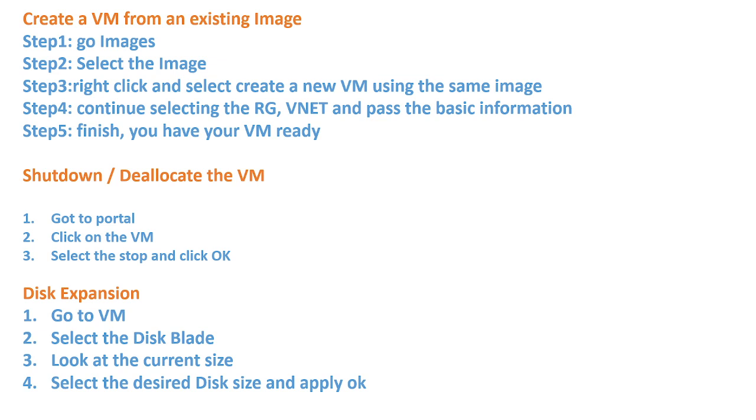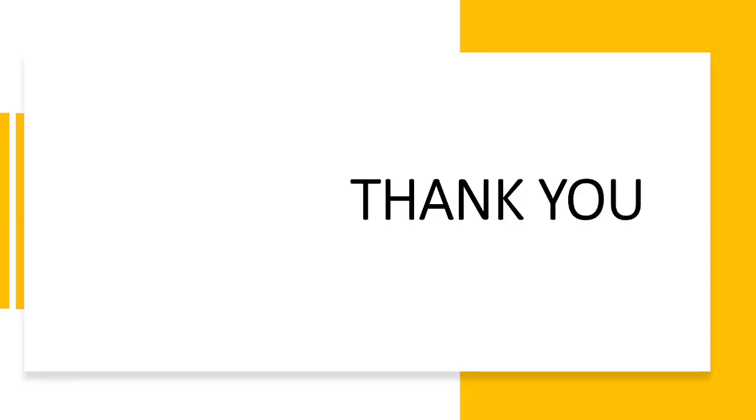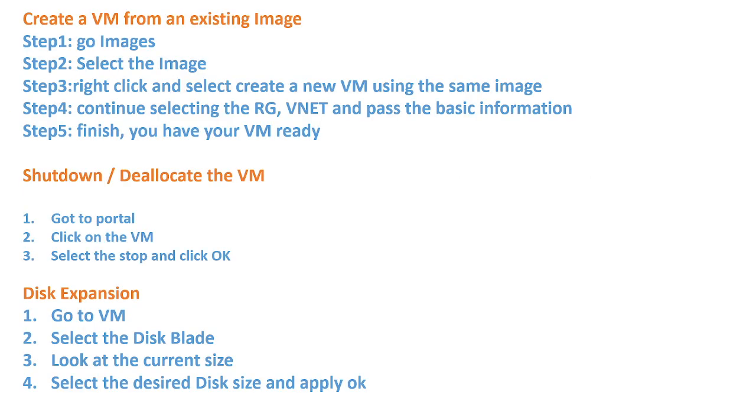You have to go to the virtual machine, go to the image option, select the image which you have recently created, and create a virtual machine. Or you can go to the virtual machine, create a new virtual machine, and while selecting the image, select the image which you created recently. There are multiple options. I'll show you all the things. So that is about the virtual machine related activities.